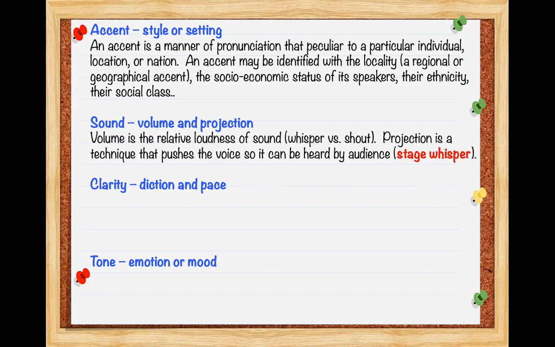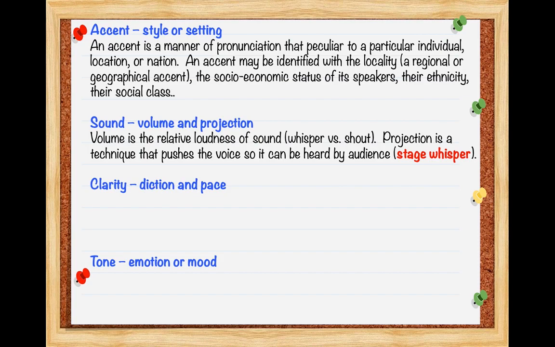So of course, volume, which would be between a whisper and a shout. In order to get our voices to be heard, because as we said, a performance is delivering a message, and if you cannot deliver that message, then it's an ineffective performance. So projection is the name of the technique that you will utilize to ensure that your voice can be heard.